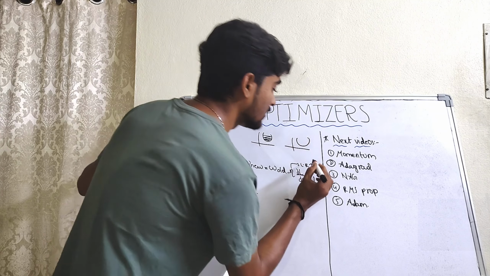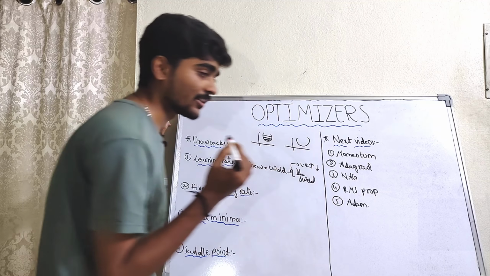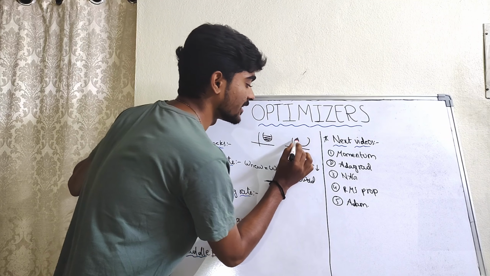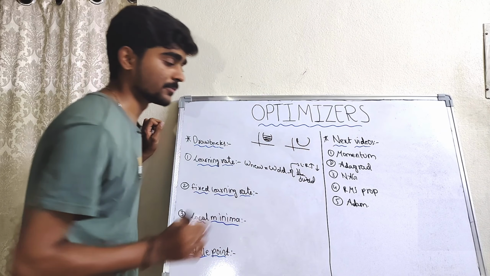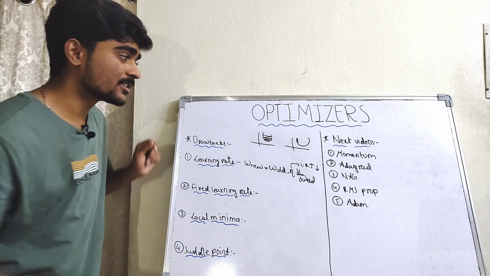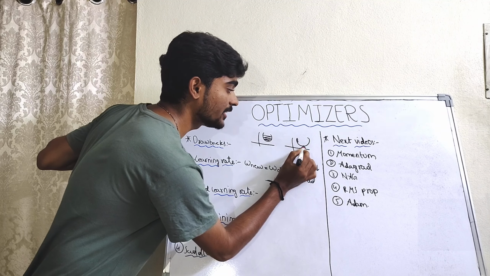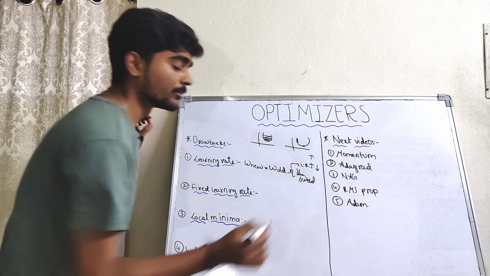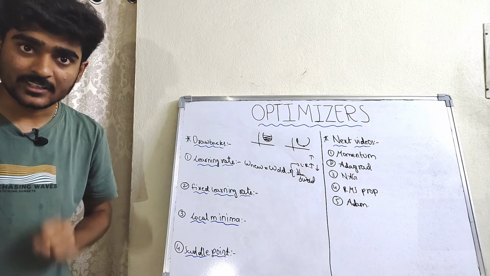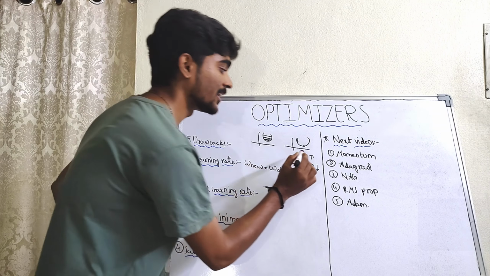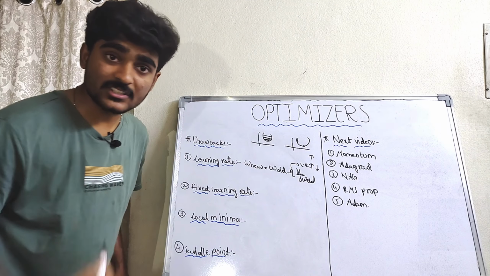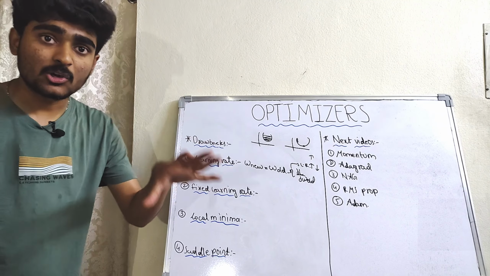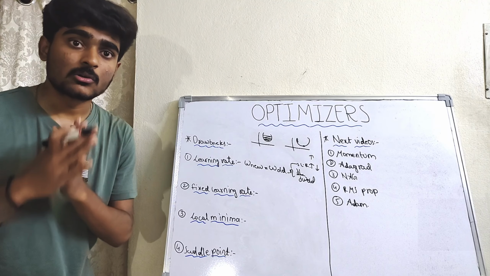Now to solve this, we'll set the learning rate smaller. When we set the learning rate smaller, the gradient descent algorithm takes very small steps, and to reach the global minimum point it takes a longer time. That means the training time increases, but finally the gradient descent algorithm will reach the global minimum point after a longer time.